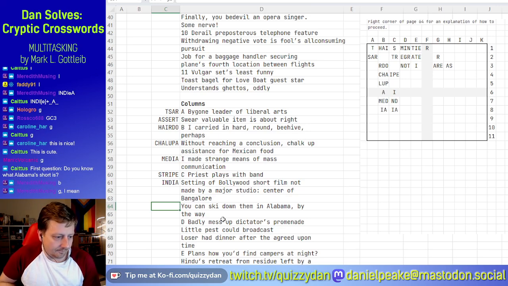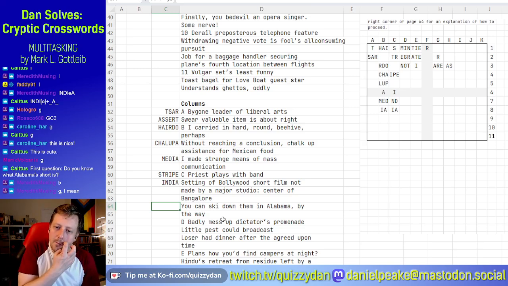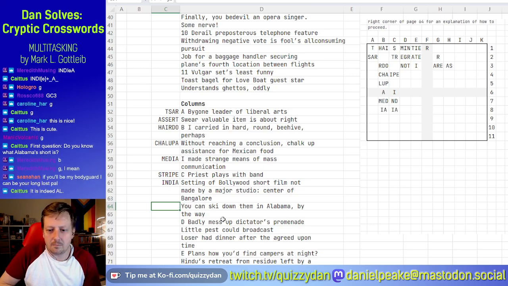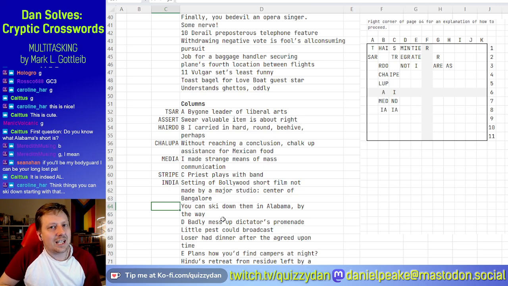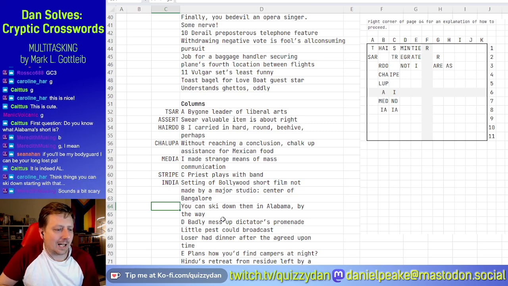AL for Alabama. And by the way, so assume AL for Alabama. You can ski down them in Alabama. So I want "ski down" to be like pistes or slopes. But if you put that in AL, or Alabama, AL, by the way, route.